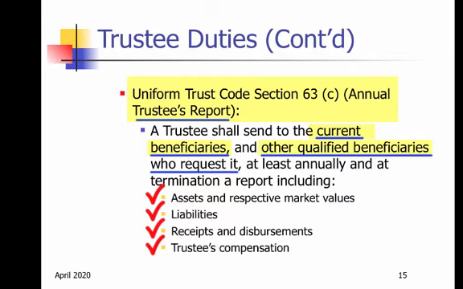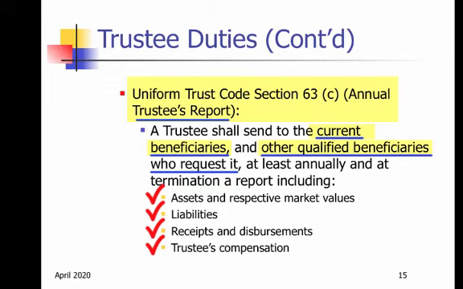You may have noticed that the UTC refers to different types of beneficiaries. Some beneficiaries are referred to as current beneficiaries and others as qualified beneficiaries. For purposes of the notice requirements that I just described, to paraphrase the UTC a little less precisely than the UTC states it, current beneficiaries are beneficiaries who are entitled to receive payments from the trust at the moment in question, or who are eligible to receive payments from the trust at the moment in question.